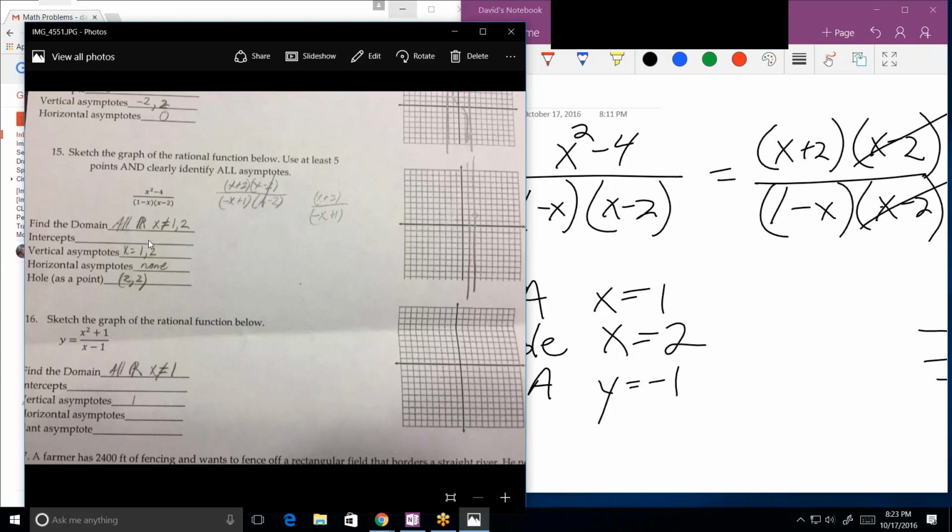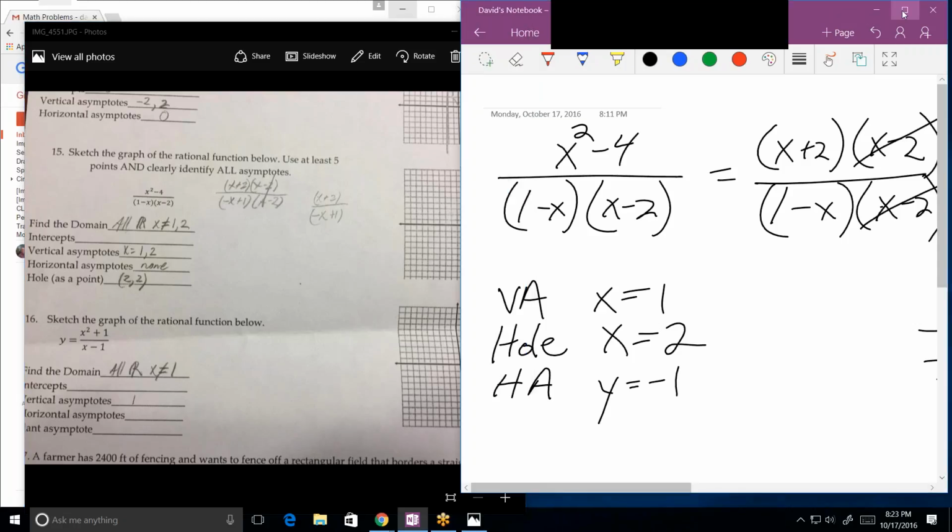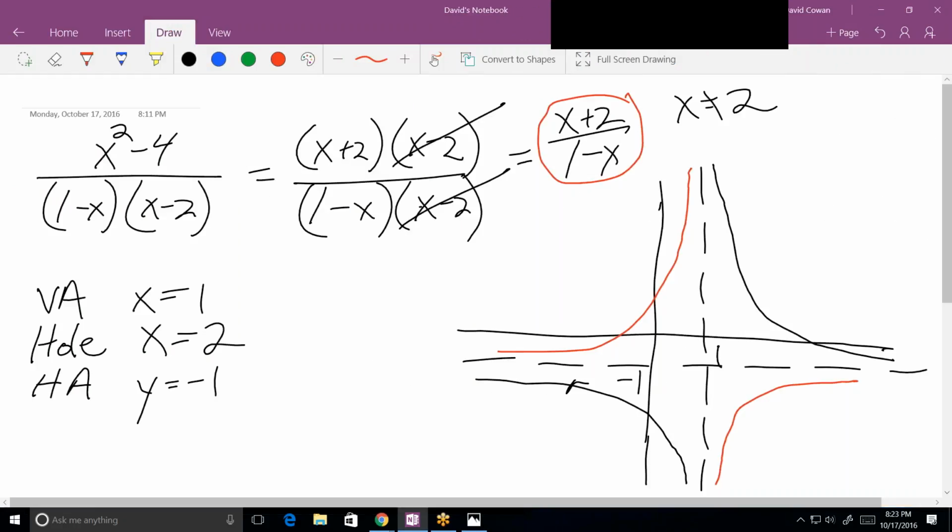Now let's talk about the intercepts. What is y when we're talking about the x-intercept? When we're talking about the x-intercept, y is always 0.